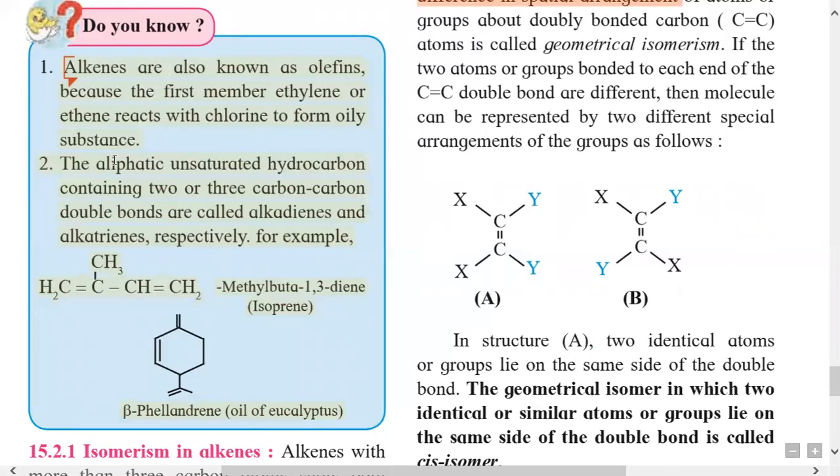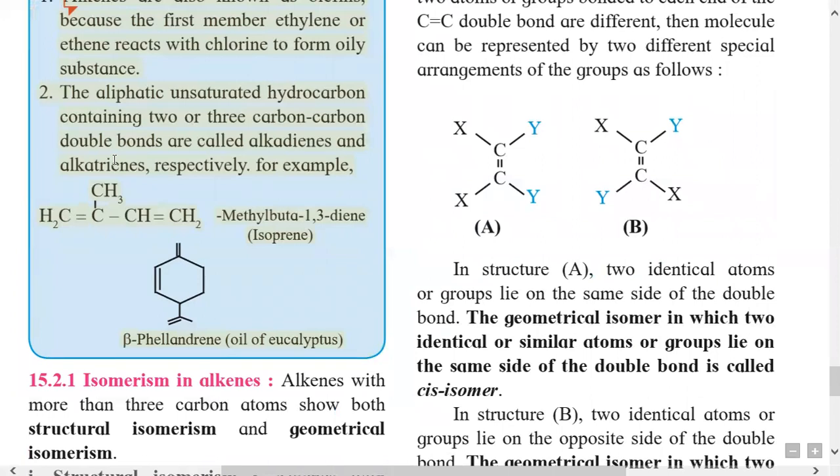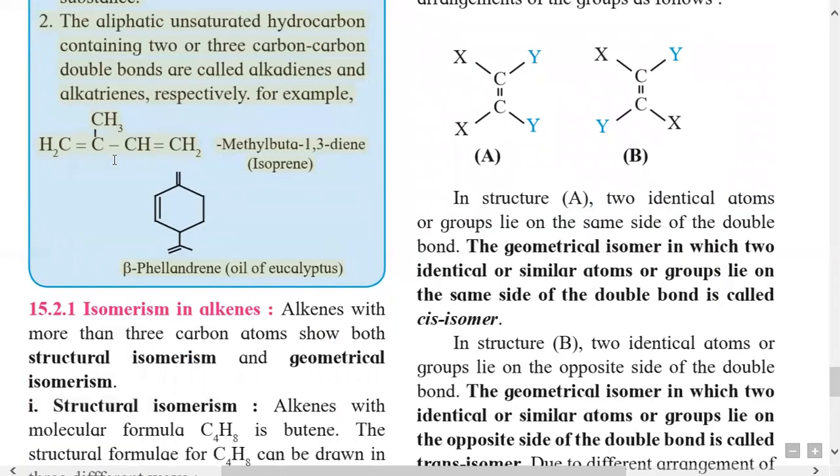And in structure B, the X group is present exactly on the opposite side of the double bond. Similarly, the Y groups are also present on the opposite side of the double bond. So if similar groups are present on the same side of the double bond, it is called a cis isomer, and if similar groups are present on the opposite side of the double bond, that is called a trans isomer.